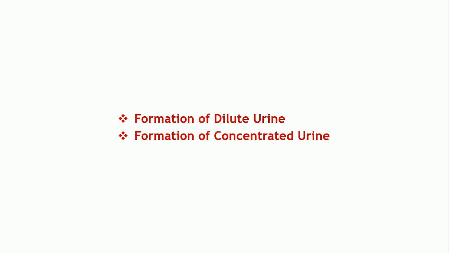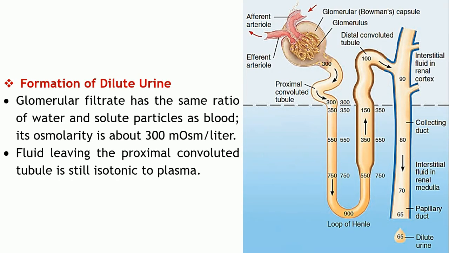Okay, so in this particular video, we'll be discussing both the formation of dilute urine as well as the formation of concentrated urine. Coming to the formation of the dilute urine, we'll be discussing that first. As you all are familiar with this particular structure, that's the nephron depicted in this picture.